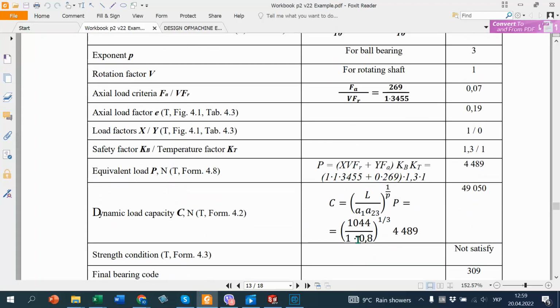That's why here 1 times 0.8. P is free, 1 divided by P means that it's the cube root from this value, and times the equivalent load. And finally we have dynamic load capacity approximately 50,000 Newton. So, a very big value.